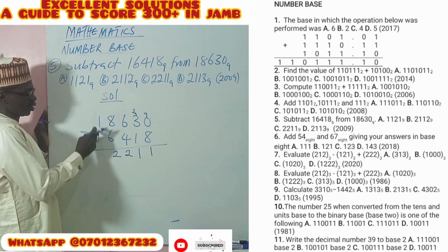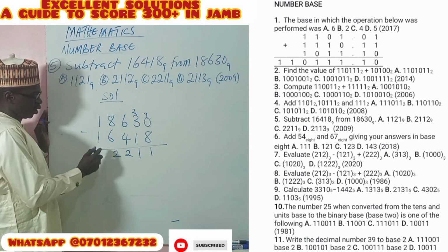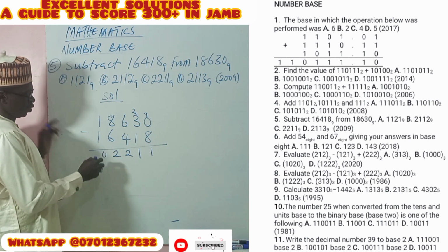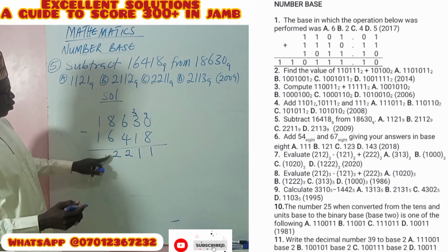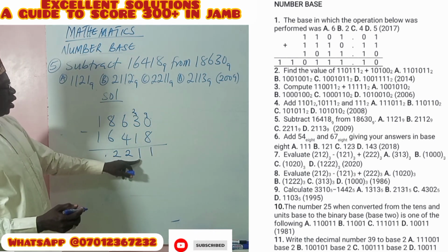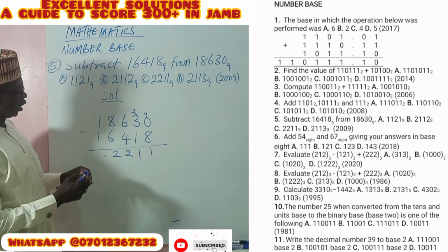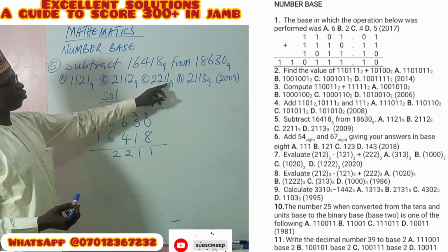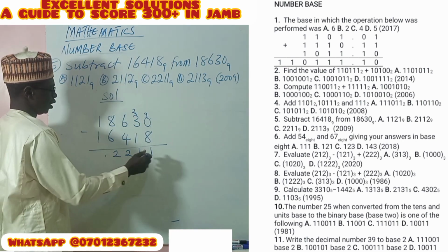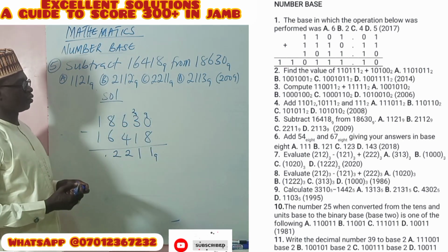And this is 1 base 9 minus 0, we have 1 base 9. So there is no point of writing this one. Our answer is now 2211. And if we look at our options, in option C, we have 2211 base 9. The answer is option C.